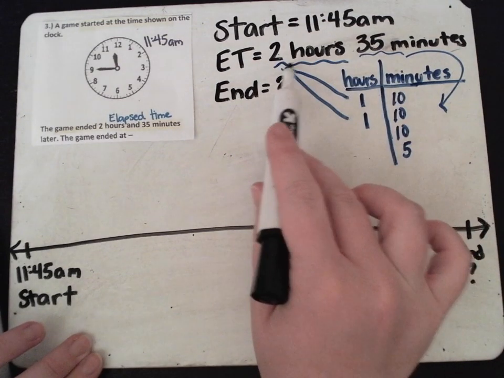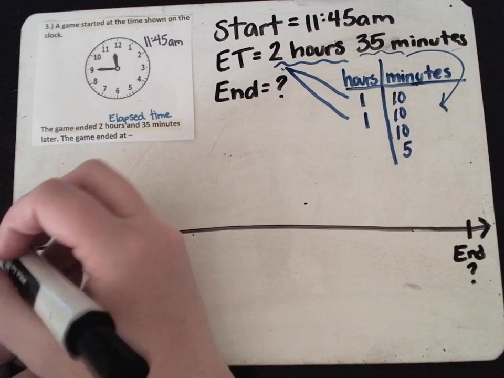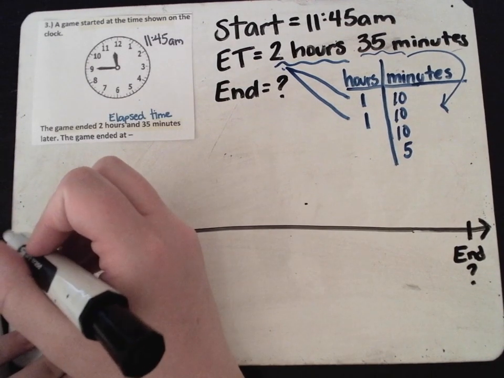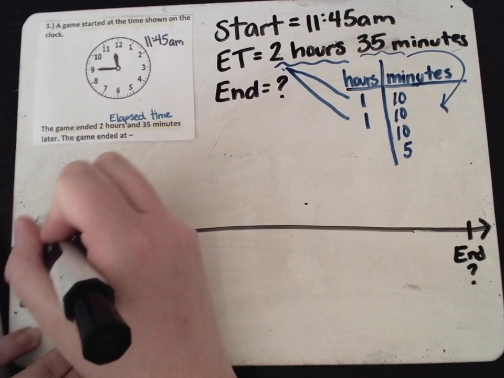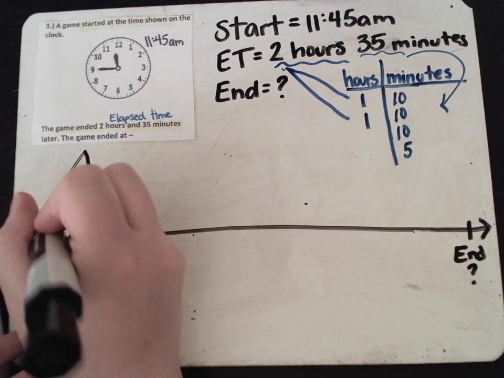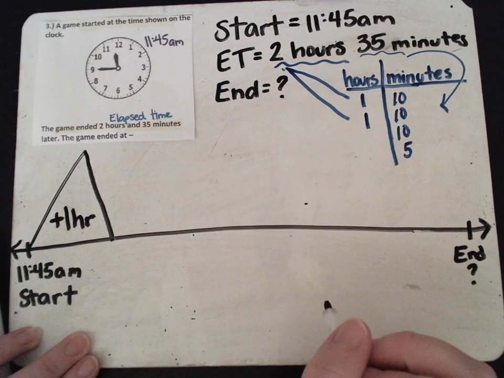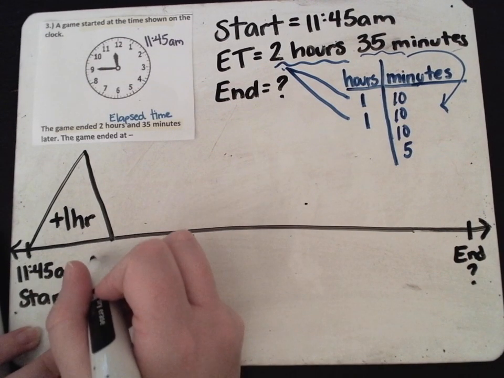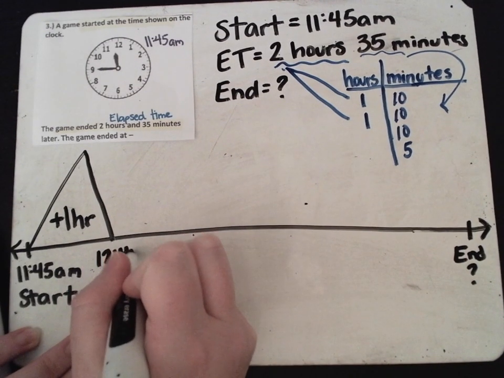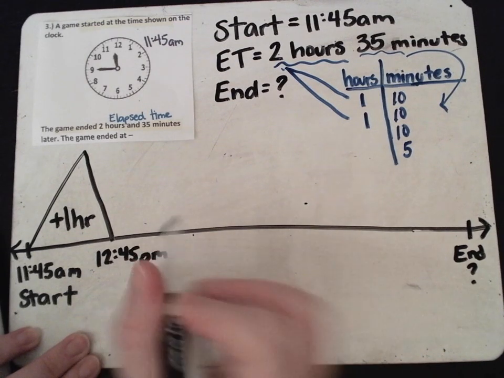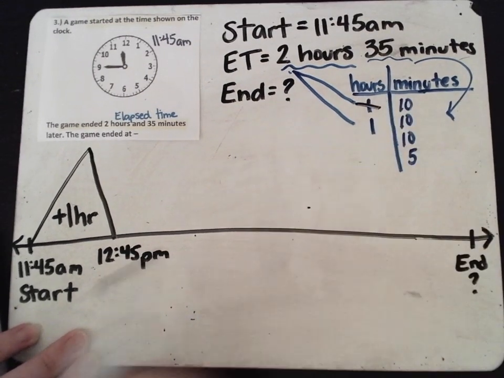I want to do my 2 hours first, so I'm going to do 1 hour at a time. So here's my first mountain. So 11:45 a.m. plus 1 hour brings you to 12:45 p.m. And now I can cross off that hour.